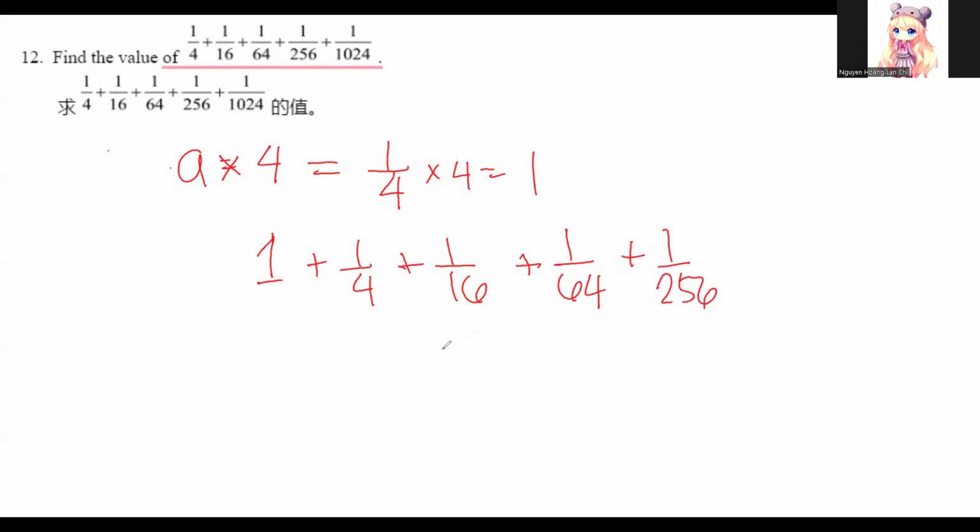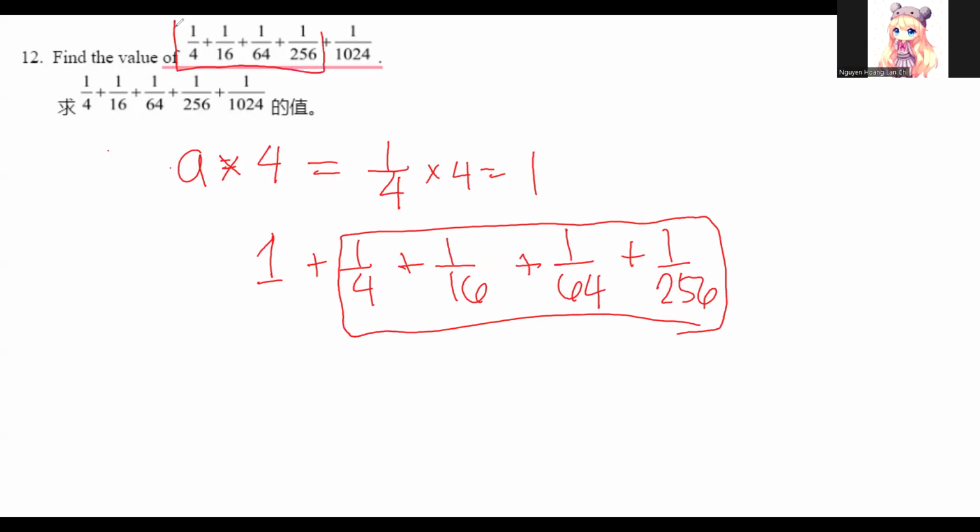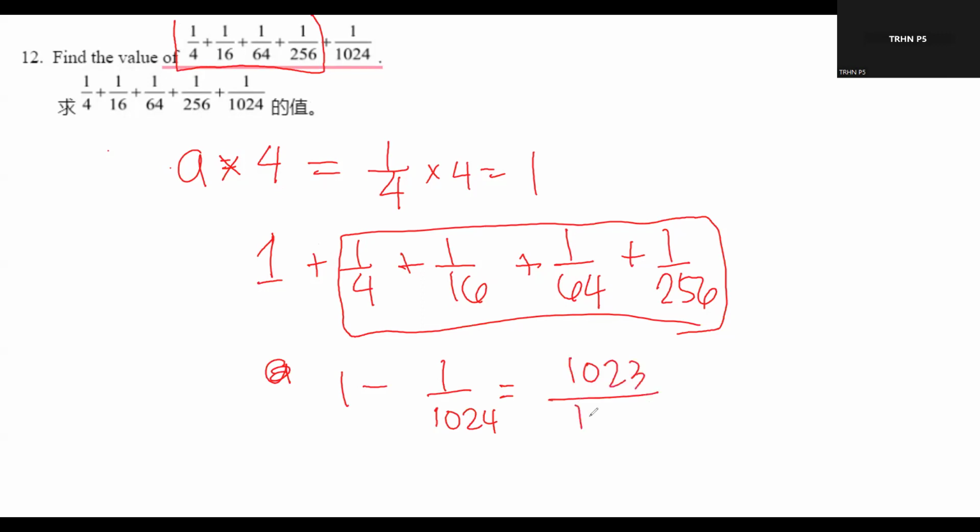And we can see that 1/4 plus 1/16 plus 1/64 plus 1/256 is A, but we subtract 1 over 1024. So A multiplied by 4. Yes, that's my answer. 1023 over 1024.